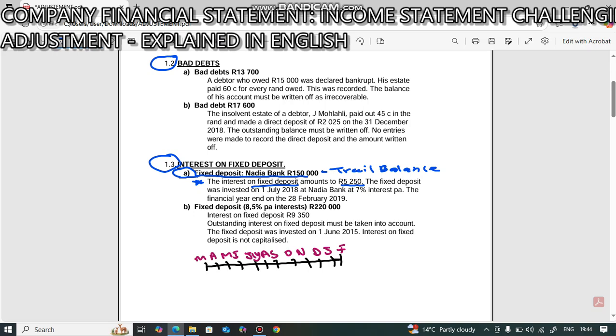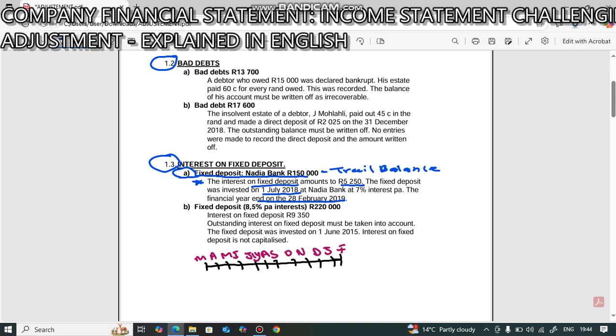The fixed deposit was invested on the 1st July 2018 at Nadu Bank at 7% interest per annum. The financial year ends on the 28th February, meaning this is the financial year end for this business. It's ending on 28th February 2019.